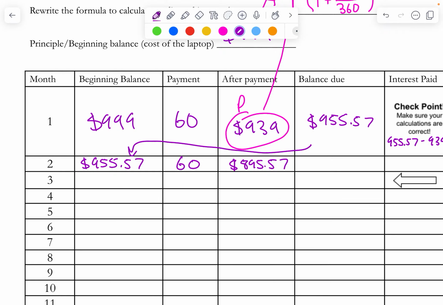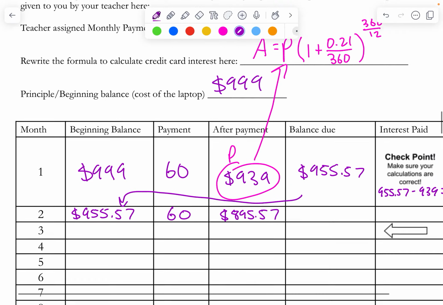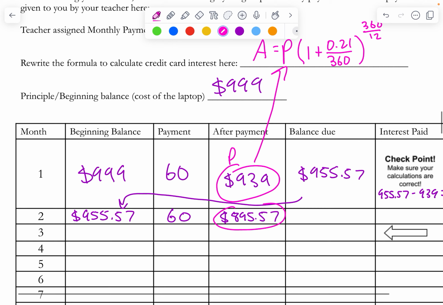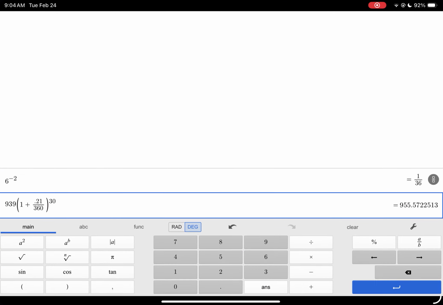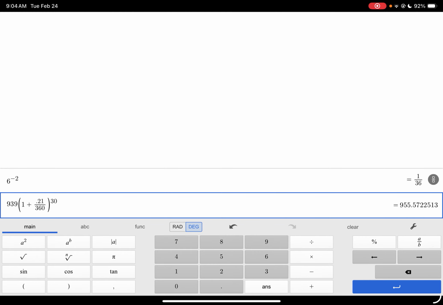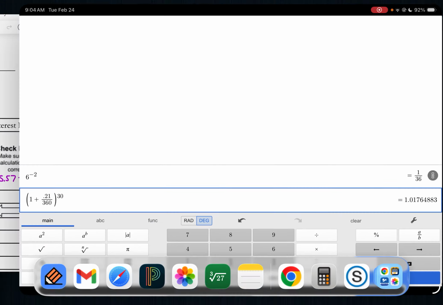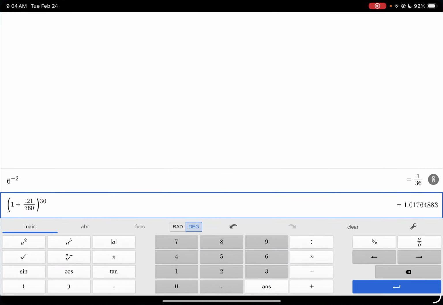$895.57. Now this is the amount. You don't have to draw all these arrows, I'm just showing you that in our formula, this is going to go in there. We've paid off $60. At the end of the month, how are we going to calculate our balance after interest? We take the same formula, where our beginning balance is now $895.57.